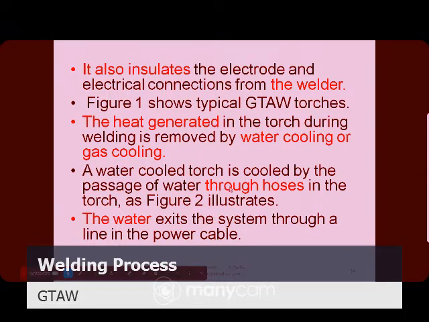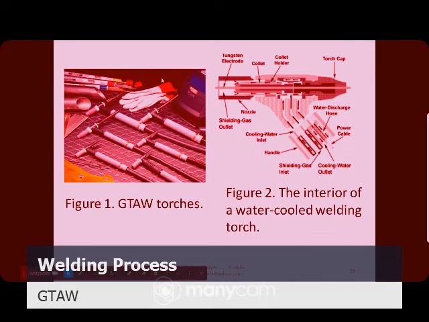The water cooled torch is cooled by the passage of water through the hoses in the torch, and the water exits the system through the line in the power cable. We can see from the figure that there are two types of gas tungsten arc welding torches, which can be cooled by gases or by water.